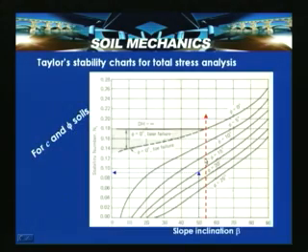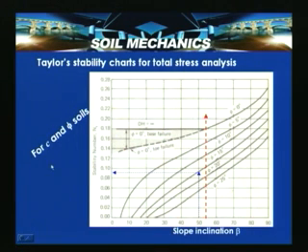In the previous few slides, we have given charts for phi u equal to 0 soils. For C and phi soils also, Taylor 1948 has given stability charts. The Taylor stability charts for total stress analysis are indicated here for C and phi soils. You can also see that for slope inclination beyond 53 degrees, it is independent of d by h.